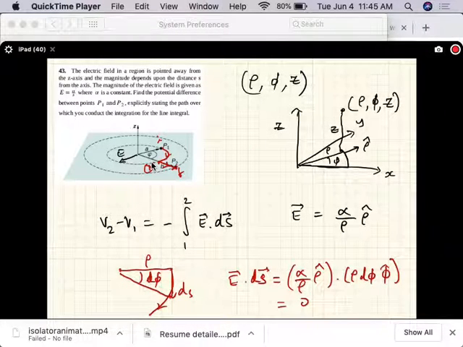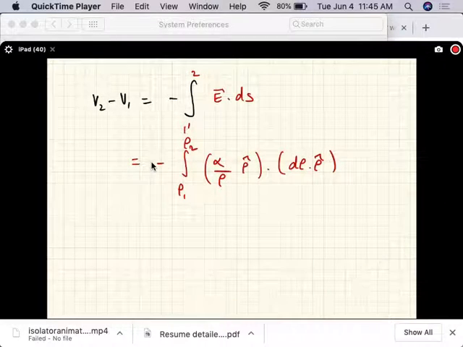Now when you're going along this radial path, ds is just d rho hat, and the integral is from a radius of rho 1 to rho 2.